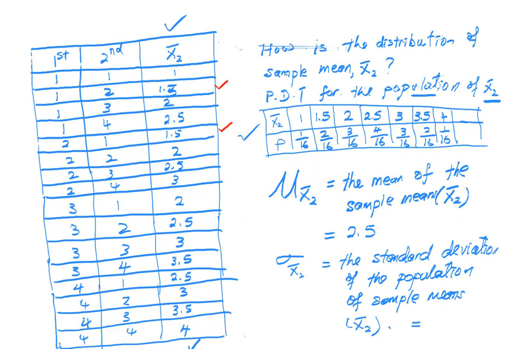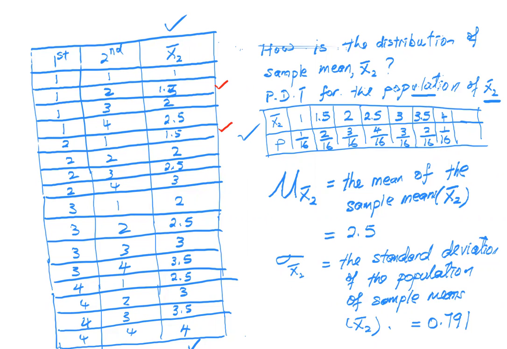0.791. Is it? You key in. Yep. Okay, so you have to know which population you are talking about. You are talking about the original population, or you are talking about the population of the sample mean.